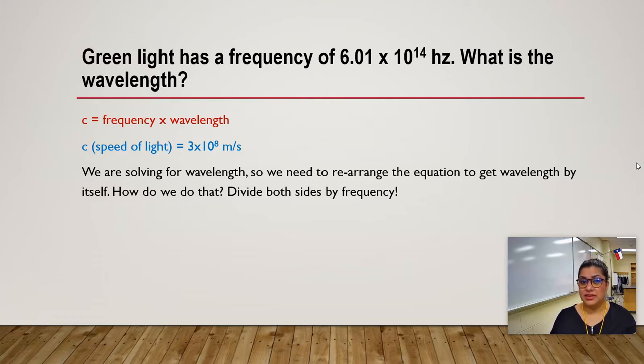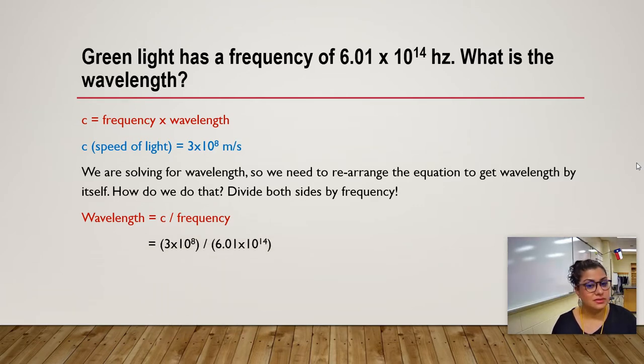So the problem gives us frequency. So when we rearrange, that's what we divide by, frequency. We're left with this. Plug in our values, and there's our final answer. Wavelength, right? Length. So the unit is meters for wavelength.